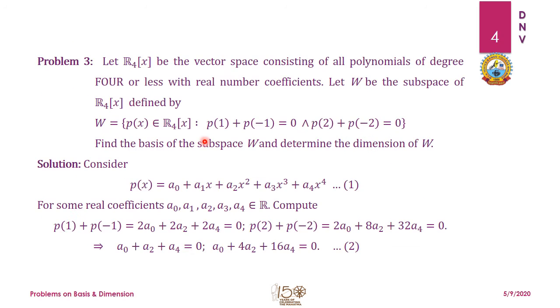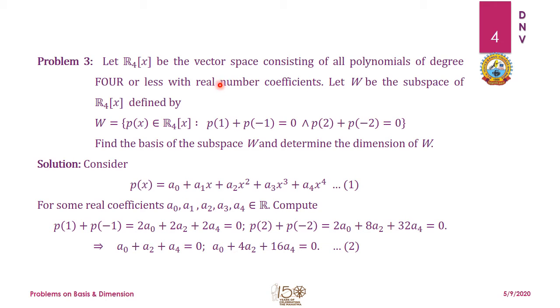We next come to problem number 3, which is related to the space of polynomials. Let R4[x] be the vector space consisting of all polynomials of degree 4 or less. The emphasis is on this 4 or less, so that we can ensure that all degrees of x less than or equal to 4 are available in R4, with real number coefficients.